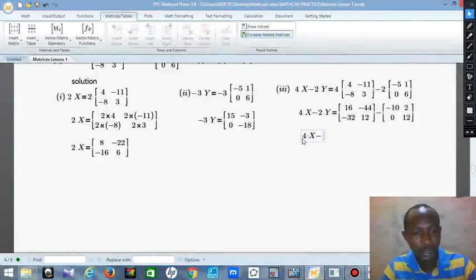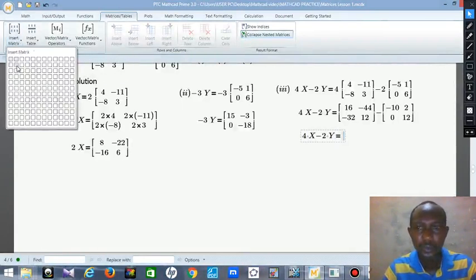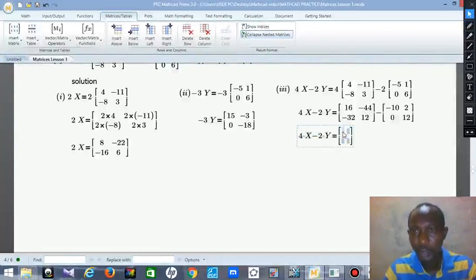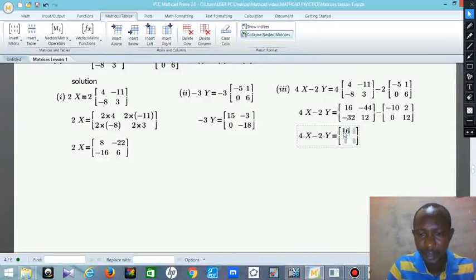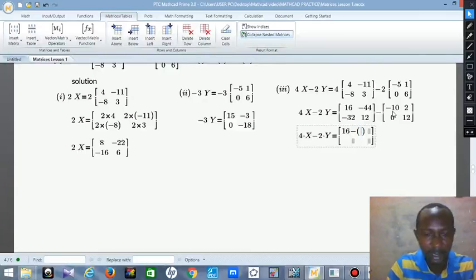So 4x minus 2y will now be equal to, now let's position it well. Remember, we are subtracting corresponding elements. So this is 16 minus 10. So don't forget that 16 minus this minus is this minus, then minus 10. Put the minus 10 in bracket.